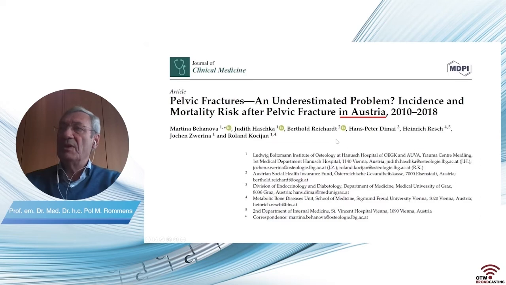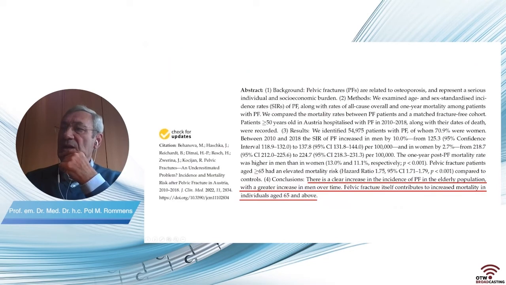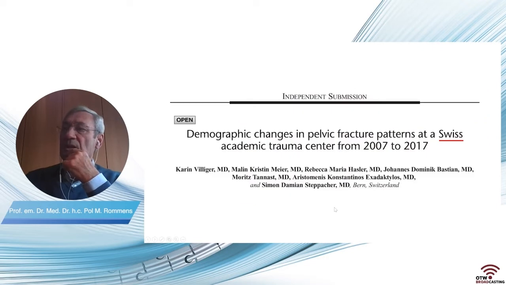A more recent publication in 2021 looks back at the incidence and mortality risk after pelvic fractures in Austria. And also here, there is a clear increase in the incidence of pelvic fractures in the elderly population, with a greater increase in men over time. The same is true for Switzerland.